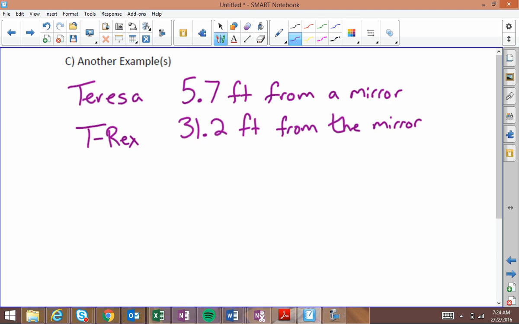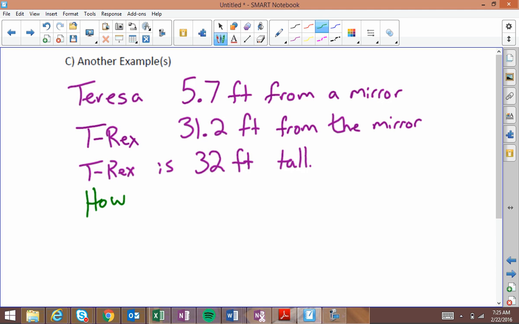We also know the T-Rex is 32 feet tall. We want to know how tall is Teresa.